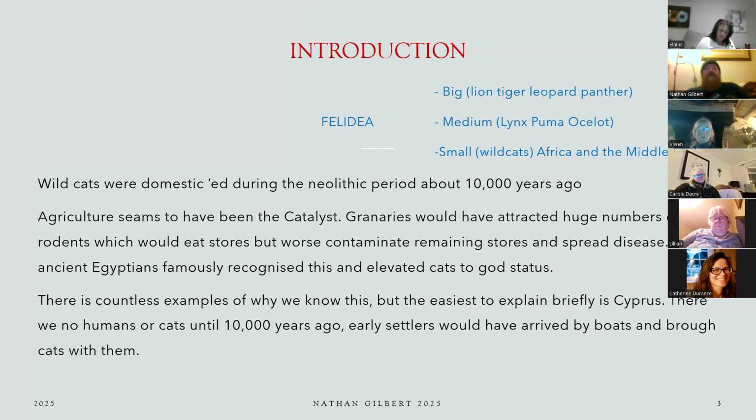You've then got the medium group, the lynx, pumas, ocelots, type things. And of course, the Asian leopard and things that people have outcrossed to for hybrid manufactured breeds. But most domesticated cats will only have the small cat genes, and these are the wild cats that evolved in Africa and the Middle East.